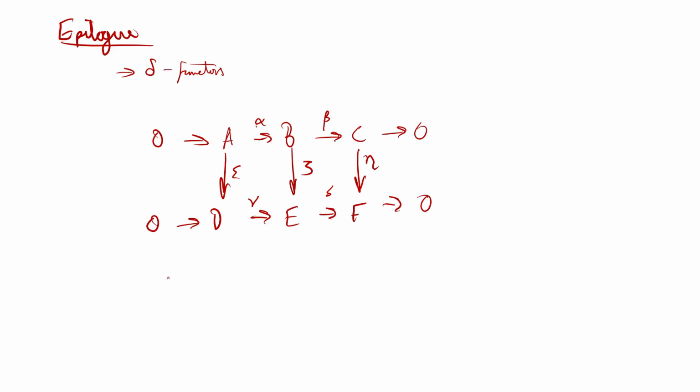If you have zeta after alpha equaling gamma after eta, and the same with this, so eta after beta equaling delta after zeta, then you can have, wait, if this is exact and this is exact, then you have this exact sequence.